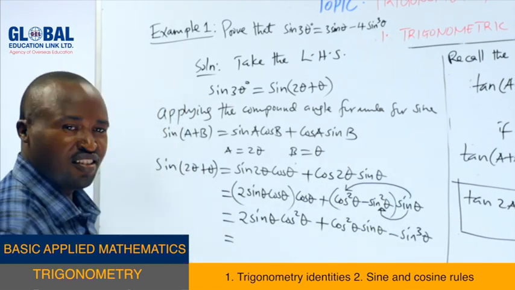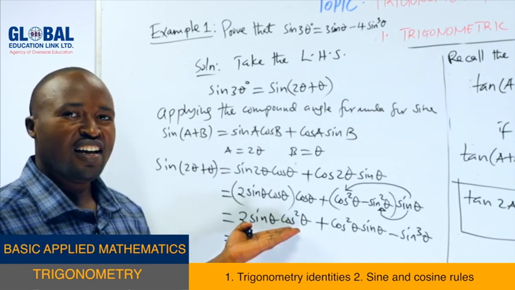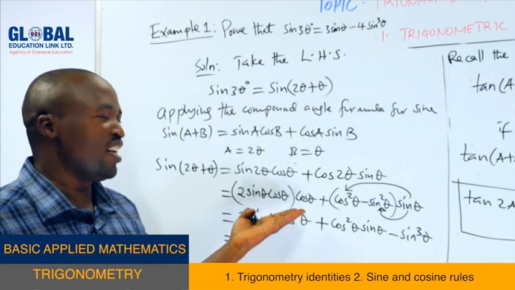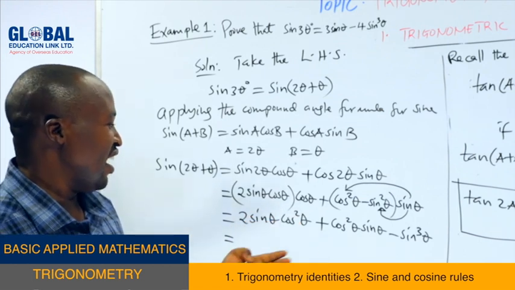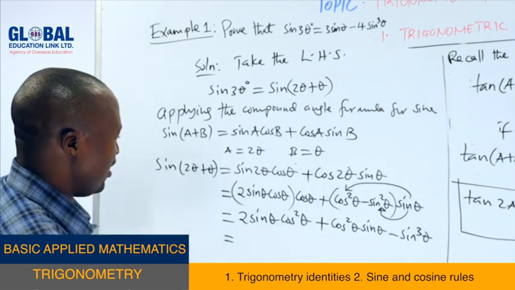Now, my dear student, remember the value for cos squared theta, and again for the second identity cos squared theta. You remember them.